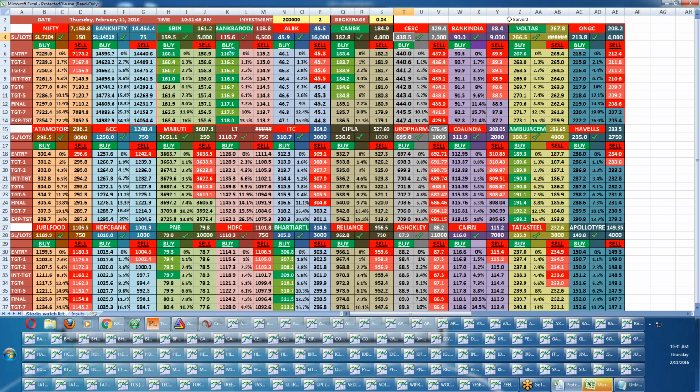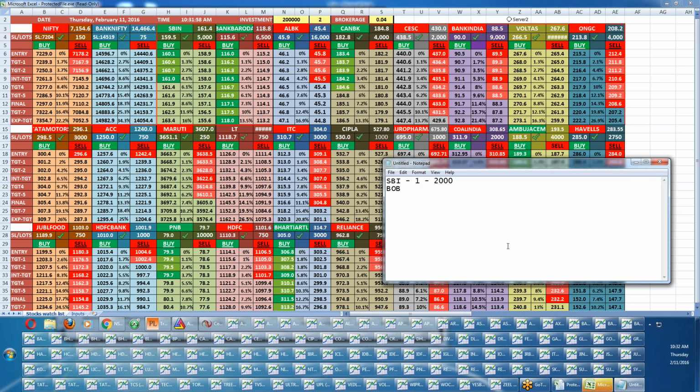So 116, 118, that's 2.8 into 3100 is your lot size. That would have given you a profit of 8600 approximately.